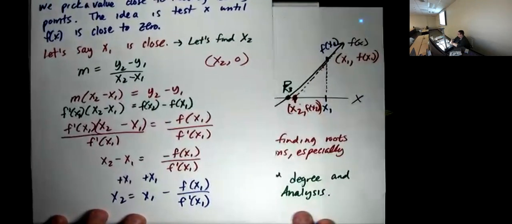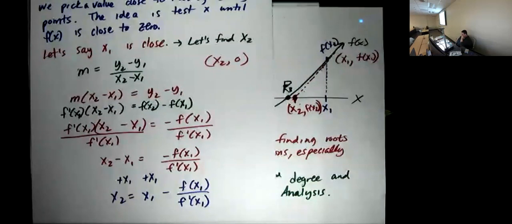Let's let that soak in, give you time to write it. If you know how it works and you know how to find it, and most of you hopefully have the slope equation memorized, you know how to derive it from the slope equation.